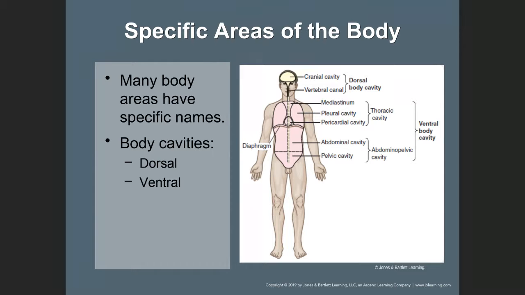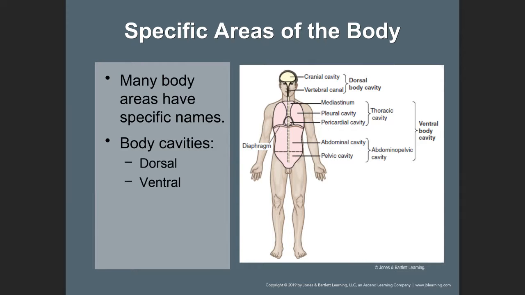So the cranial cavity, you have the brain and a portion of the spinal cord as it exits the foramen magnum. The vertebral canal is where the spinal cord is found.